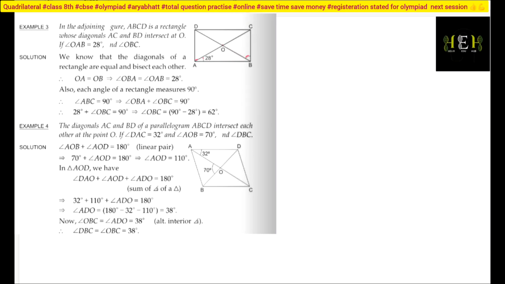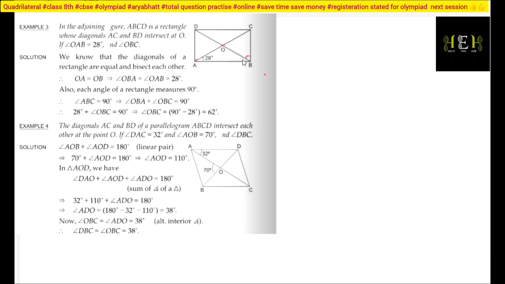Second thing, I will say that OA is equal to OB, right? Because in a rectangle, diagonals are equal and bisect each other. So this one becomes 28 degree.